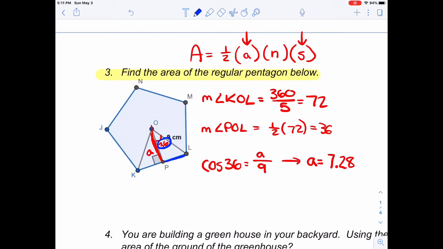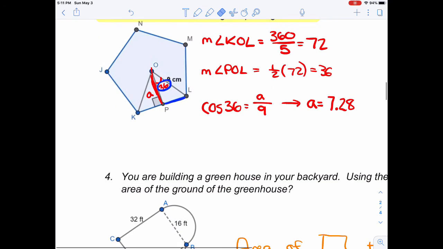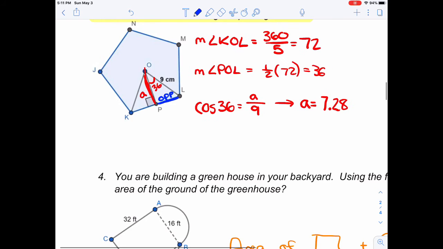So now that we're dealing with PL, again, we're going to use that 36, and we're going to use our hypotenuse since that was given to us, so we have our opposite over our hypotenuse, which is going to be our sine. So sine of 36 is going to equal PL over my hypotenuse, 9. So PL in this case is going to equal, once everything is said and done in my calculator, 5.29, okay?